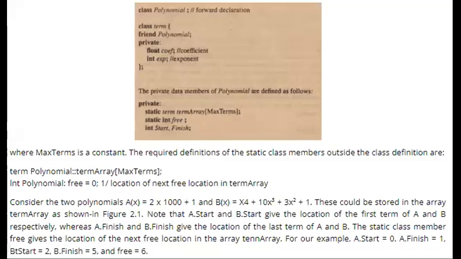So let's look at an example. We have declared a class polynomial, and inside the class polynomial we have declared a friend function, and privately we have declared coefficient and exponent. The private members of polynomial are defined as follows: a static term array of maximum terms, and static int start, finish, and free. Maximum terms is a constant.